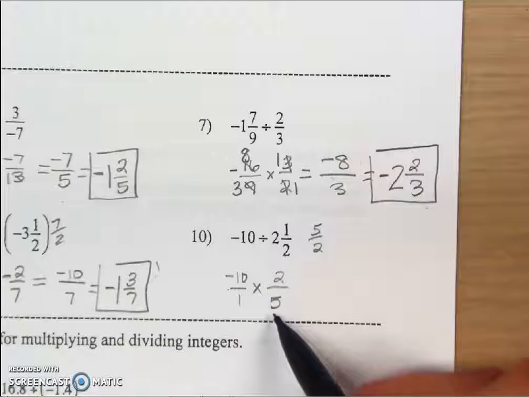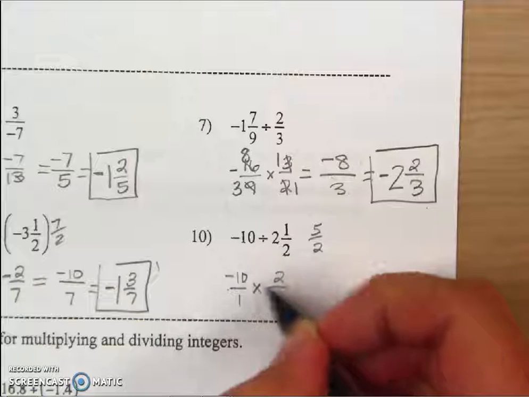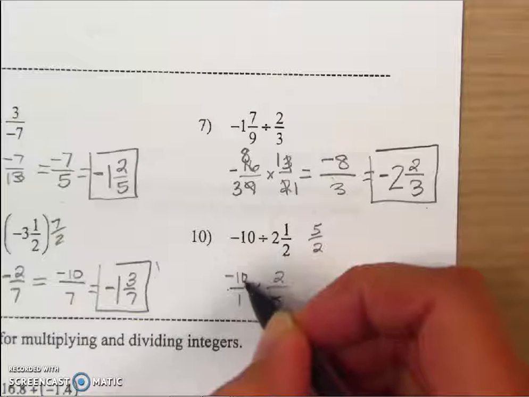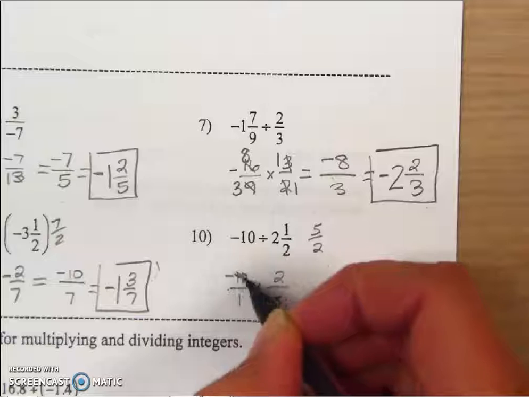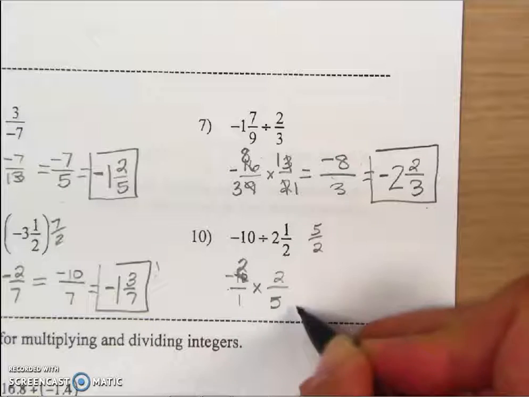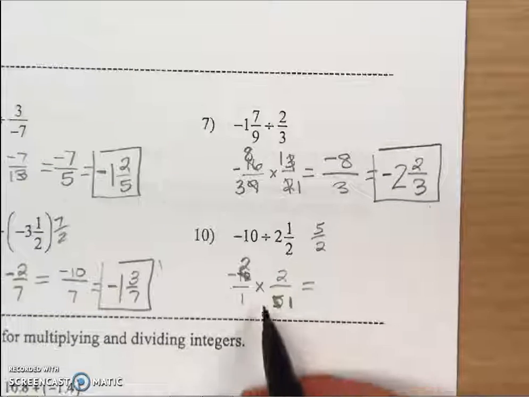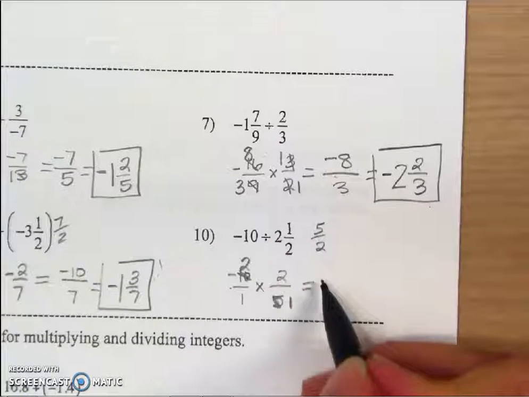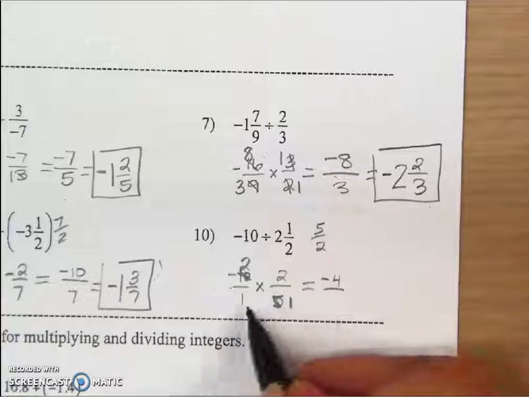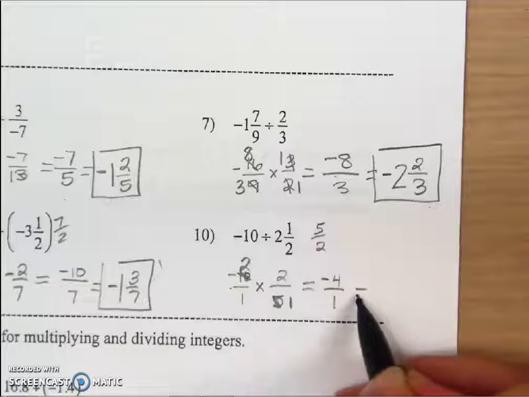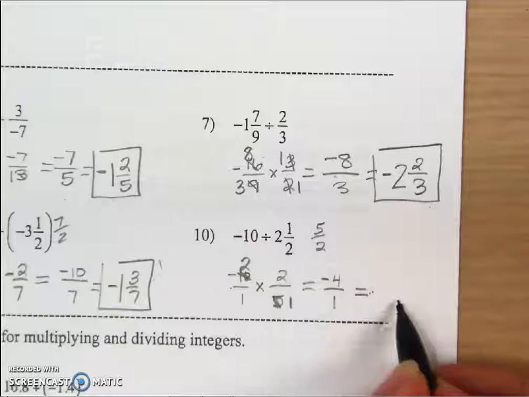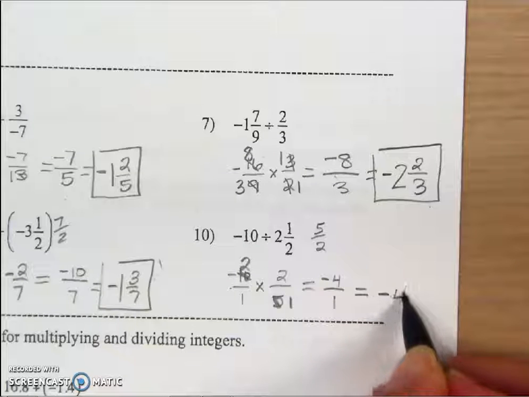But 10 and 5, we could take out groups of 5. How many groups of 5 can I take out of 10? Well, that's going to change to a negative 2. How many groups of 5 can I take out of 5? That's going to be a 1. Ooh, 1's on the bottom, that's easy. So negative 2 times 2 is negative 4. 1 times 1 is 1. And we get our total answer as just negative 4.